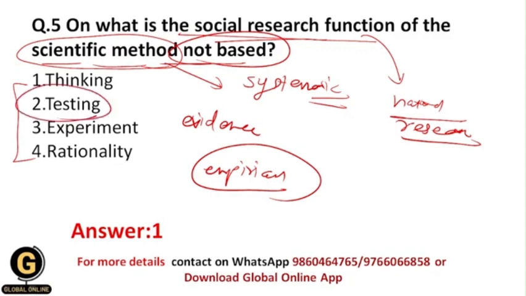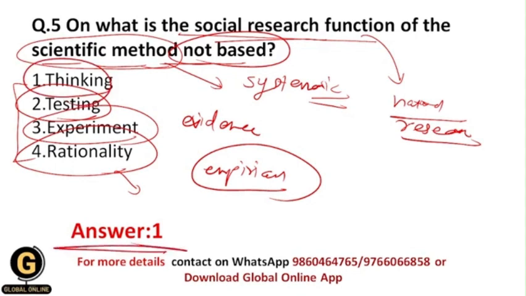Here we do the testing, we do the experiments as well, we apply rationality. Rationality is nothing but there is proper evidence, there are proper empirical methods. This is nothing but rationality, and we don't only think over here. That's why the social research function of the scientific method is not based upon thinking. And that's why the correct answer over here is 1.